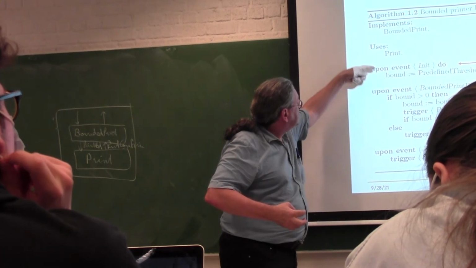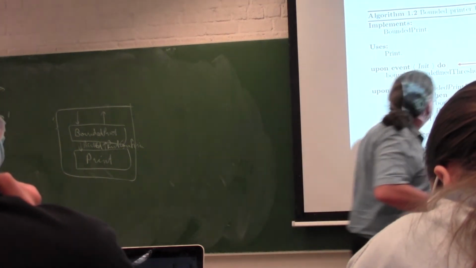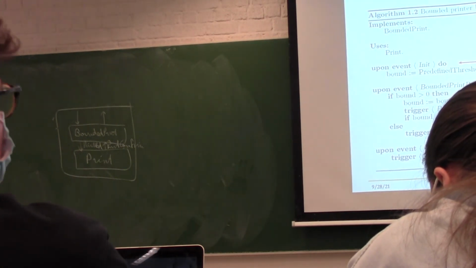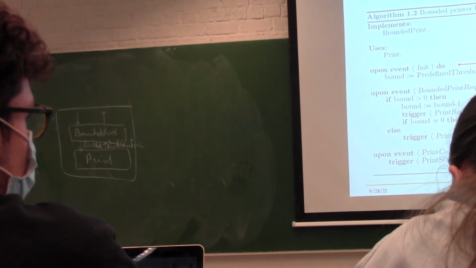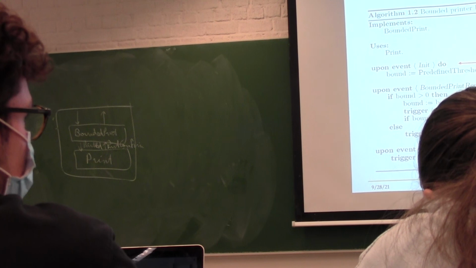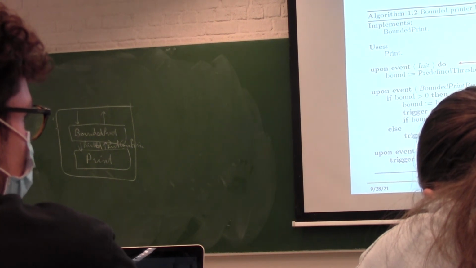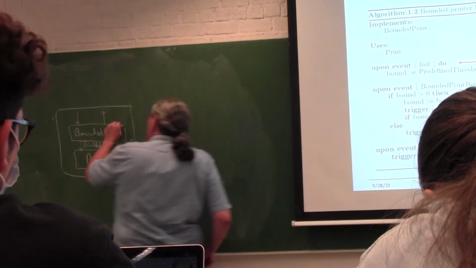Yes. So bound is a common variable among these three. Technically, these three upon events are executing together in one thread. When one of them is executing, the others will not execute. There is one thread shared between these three, since this is one layer. It corresponds to one layer here.